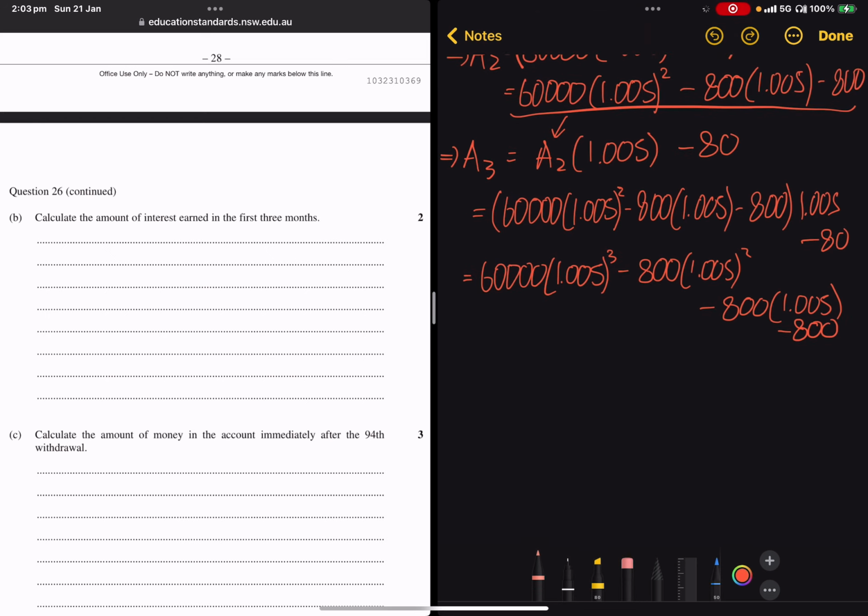And we can write this as an nth sum. This implies after the nth period, we're going to have 60,000 times 1.005 to the n, minus 800 times 1.005 to the n minus 1, plus and so on, all the way down to 1.